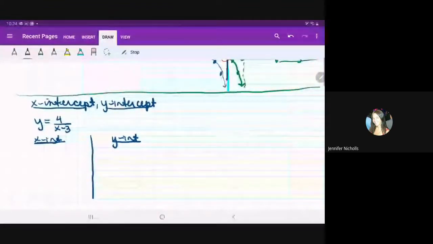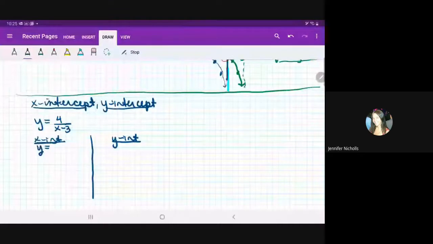You substitute in something. Yeah, you plug in y equals 0. Plugging in y equals 0 gives you the x-intercept, and plugging in x equals 0 gives you the y-intercept.